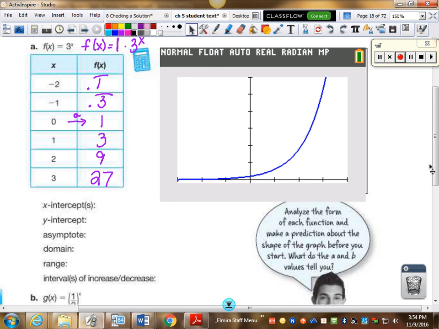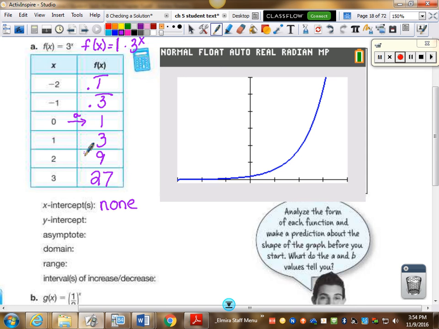First, x-intercept. The x-intercept is where this blue line is going to cross the x-axis, and that's a trick question. It is never going to cross the x-axis because, if we're going down the chart, we're always multiplying by 3. But if we work backwards, following the graph backwards, these values are getting smaller and smaller.